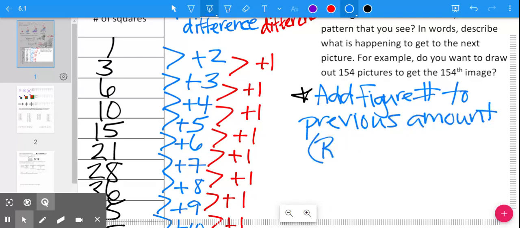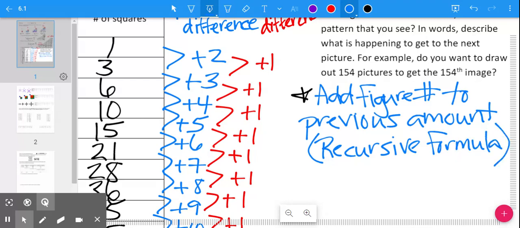That's like the recursive formula. But there has to be another way, and that's what we're going to explore as we go through this unit.